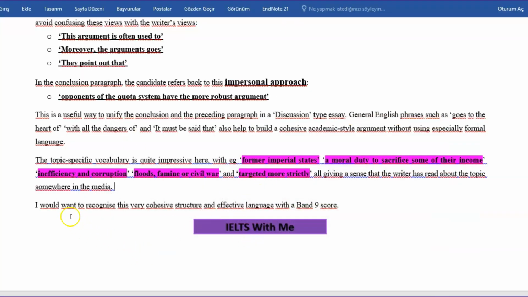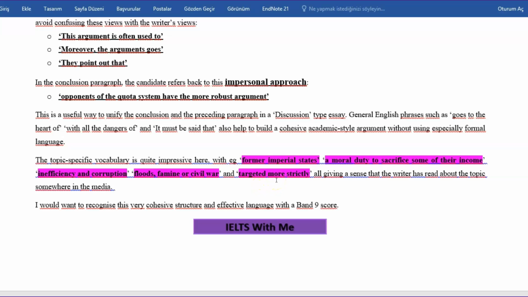And in this essay, we actually saw former imperial states, a moral duty to sacrifice some of their income, inefficiency and corruption, famine or civil war, and targeted more strictly.